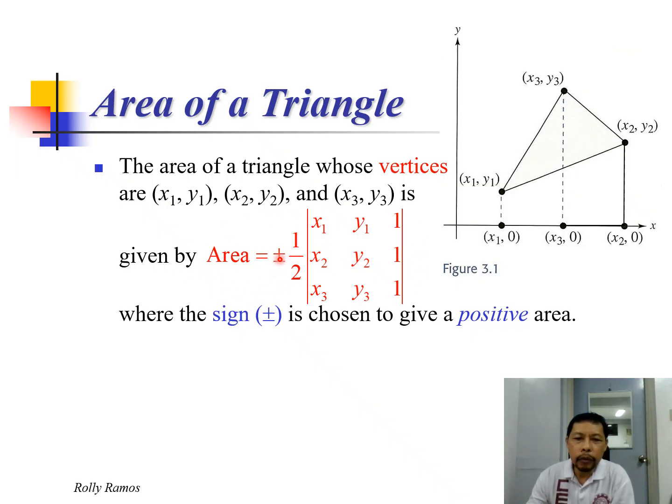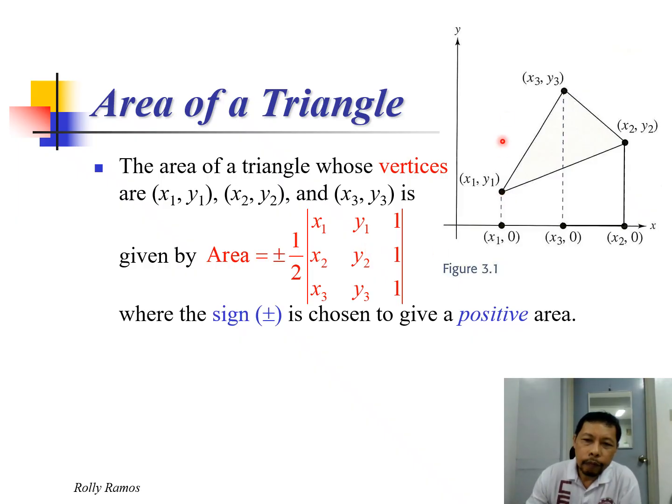Area is equal to 1/2 times the determinant of x1, y1, 1, x2, y2, 1, x3, y3, 1, where the sign plus or minus is chosen to give a positive area. This plus or minus sign is not necessary if you take the points in a counterclockwise direction, as it will always give you a positive area.